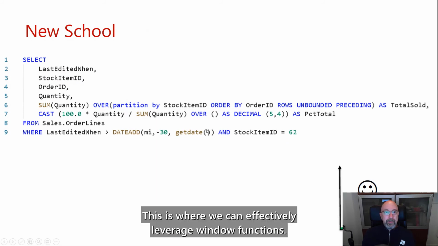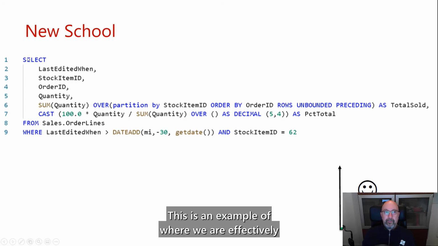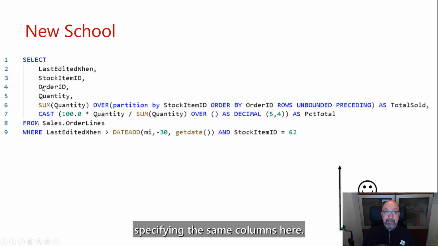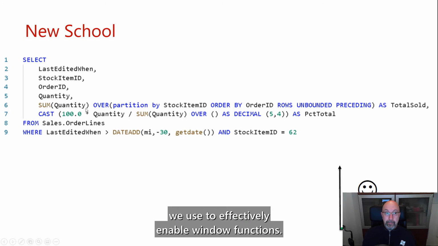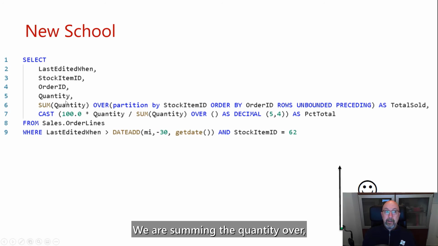So this is where we can effectively leverage window functions. This is an example where we specify the same columns here, but this is the syntax that we use to enable window functions. We are summing the quantity, OVER is the keyword here, a partition of stock item IDs.